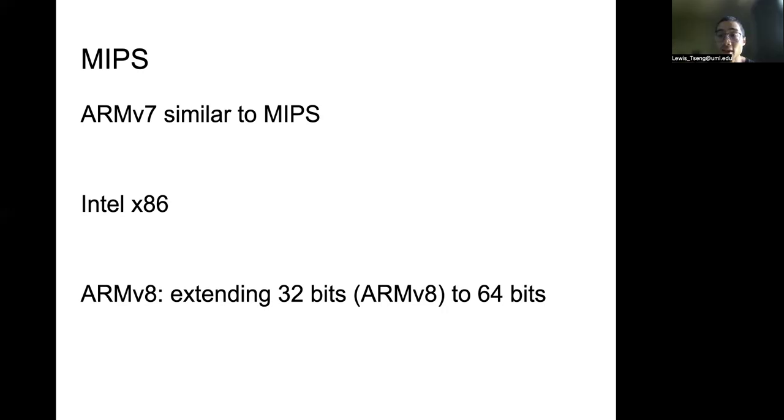Later on we will know what the bits means. And then x86 from Intel is also very similar to MIPS. Of course, it's more complicated, but we start simple. If you understand the principle and design of MIPS, you can easily learn all these ARM and Intel instruction sets.